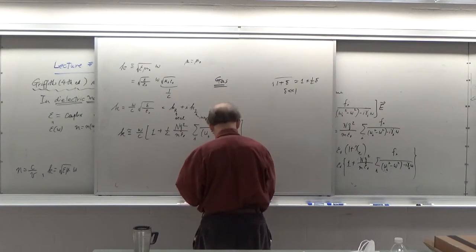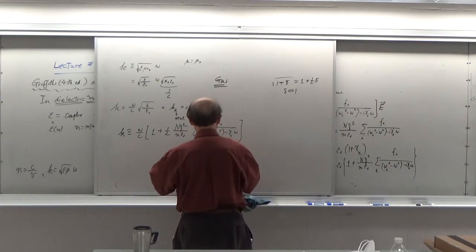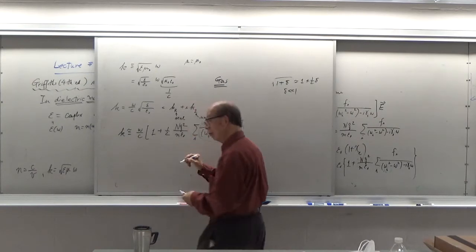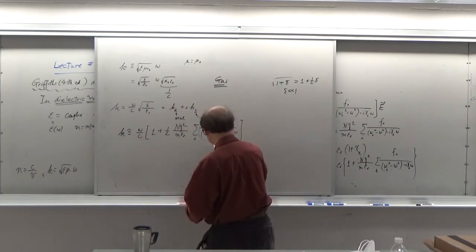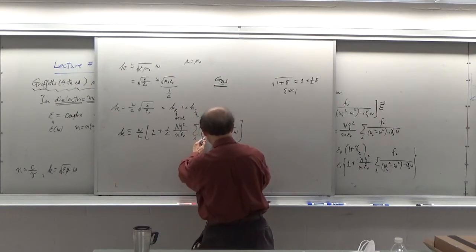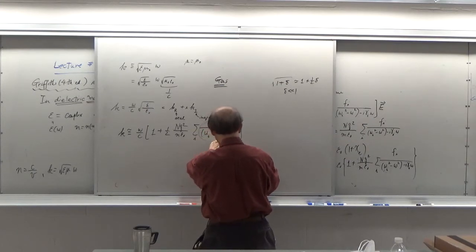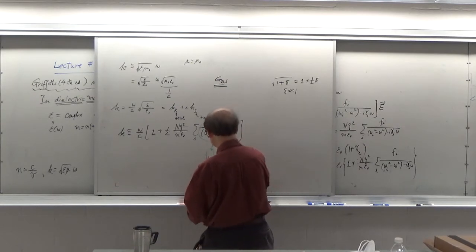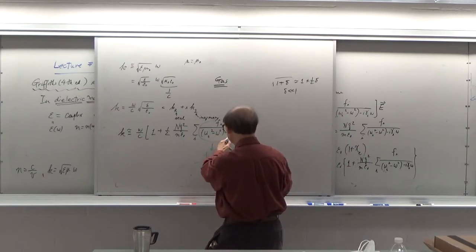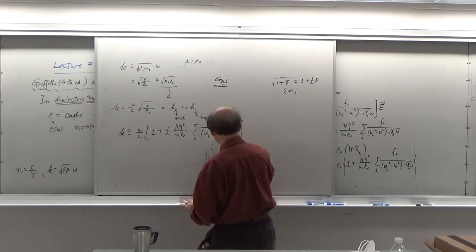Let's do it here. So we rationalize this. This becomes f_i times omega_i squared minus omega squared plus i gamma_i omega, divided by this times that, of course, so that the cross term comes out, that's the whole point, so that there's no imaginary quantity in the denominator.